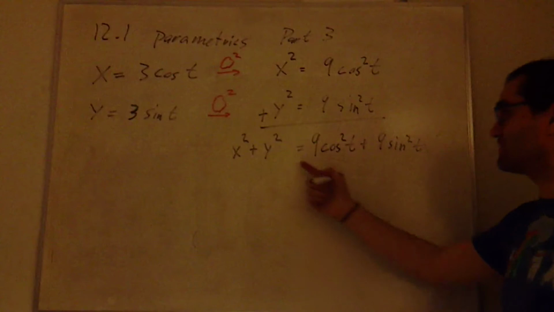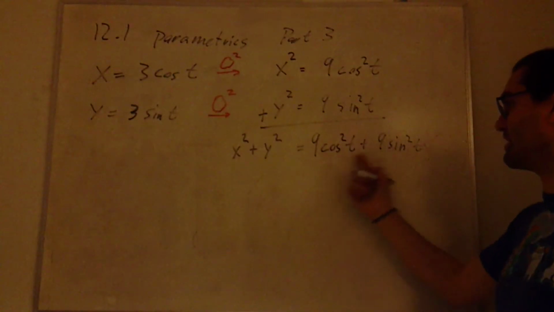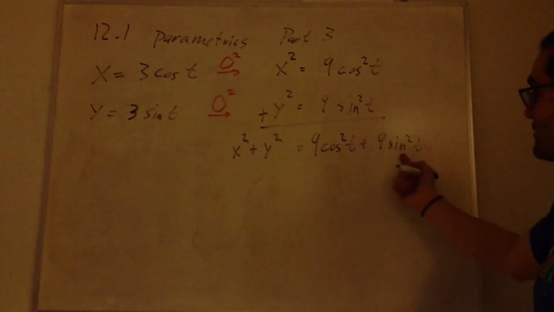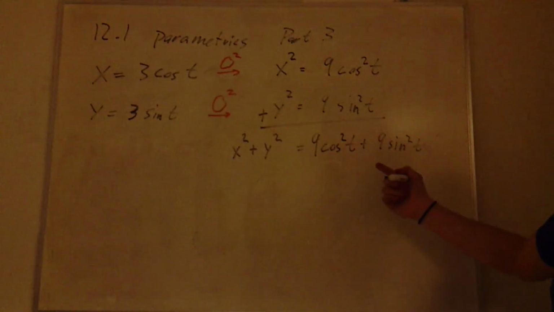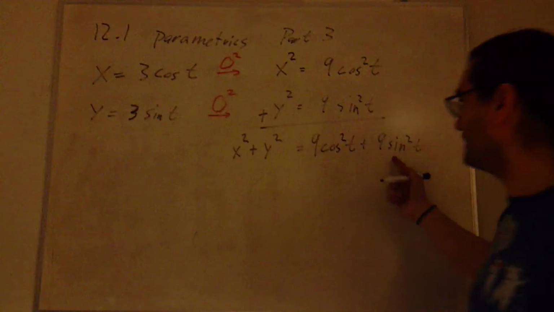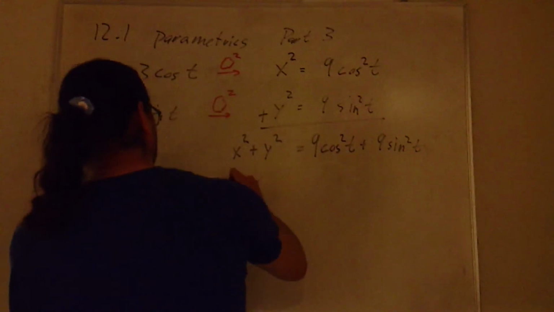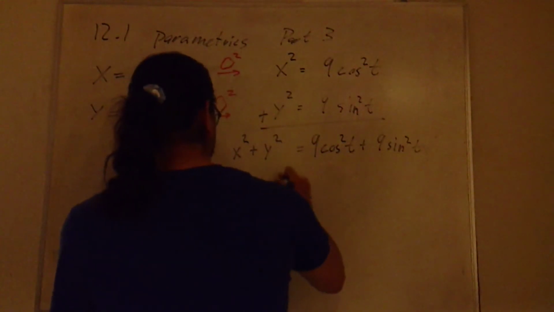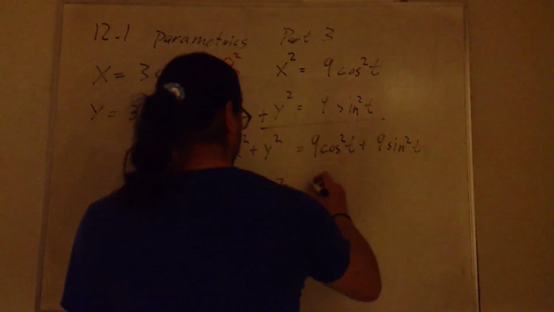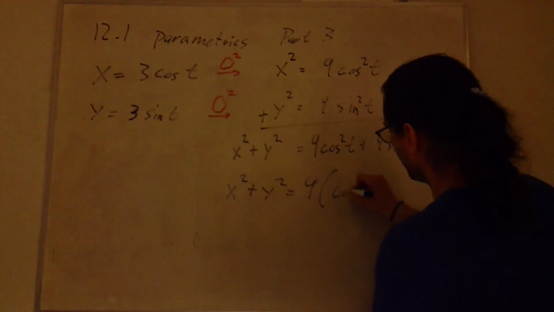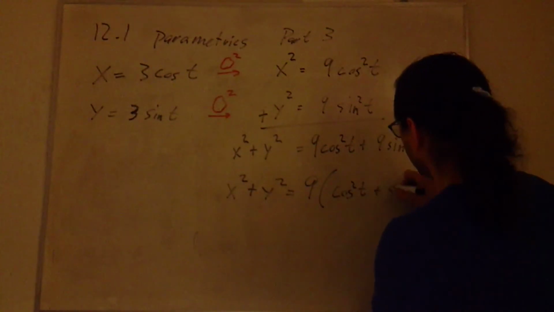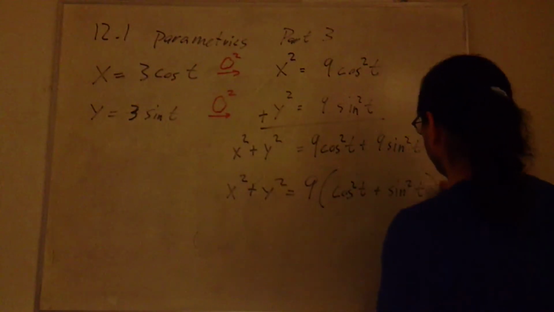Fortunately, this squaring business has helped us out a lot. I have a cosine squared and I have a sine squared, and I know that that can basically just disappear itself if I'm clever about it. So let's be clever. x squared plus y squared equals, they both got 9s, so I'm going to factor out the 9. What's left is a cosine squared and a sine squared of t.